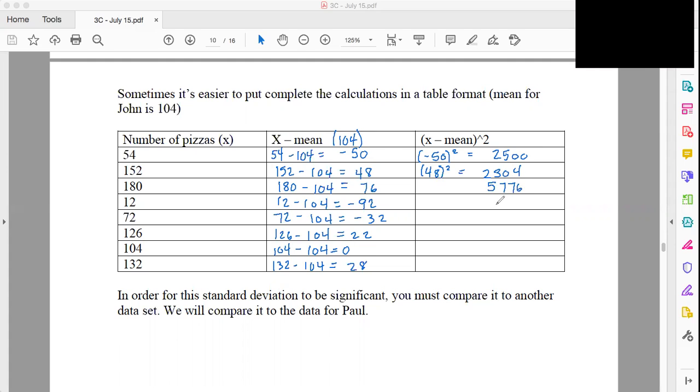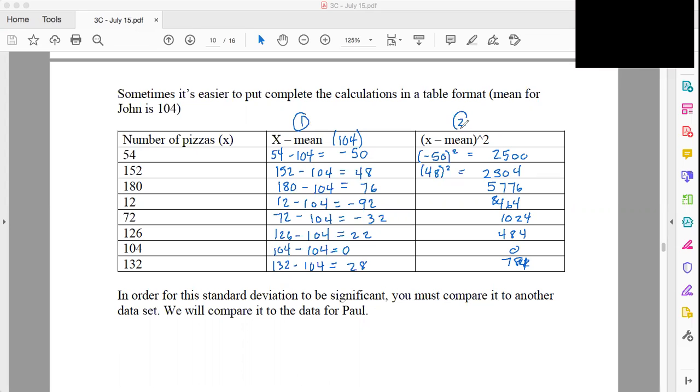I'm not going to write the whole calculations. So this is our first step: take the number of pizzas and subtract the mean.